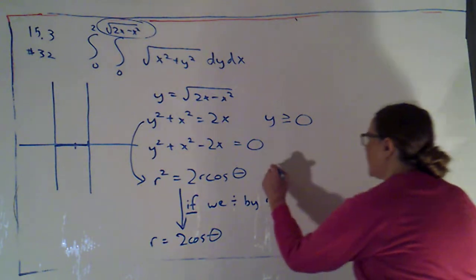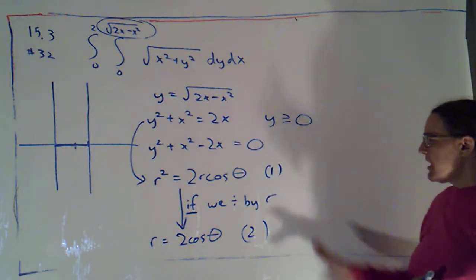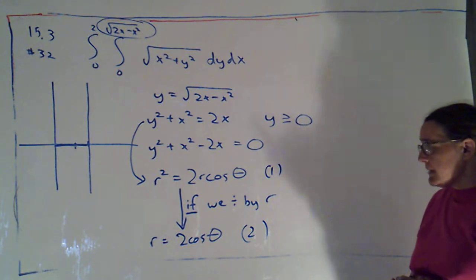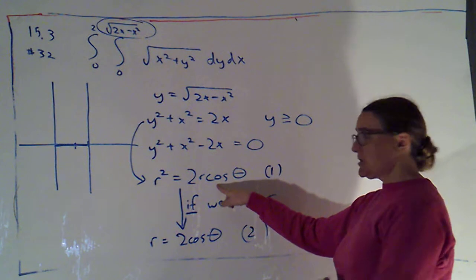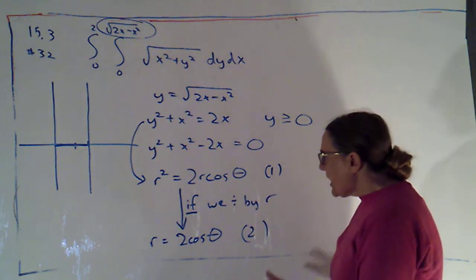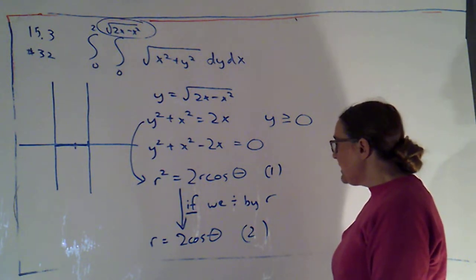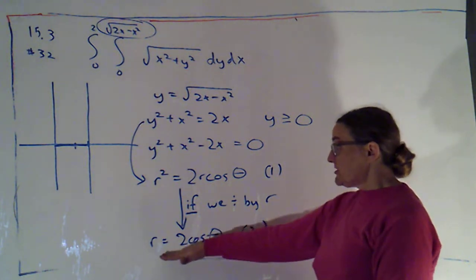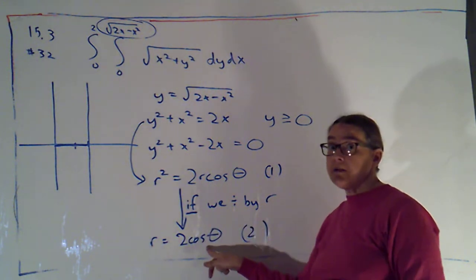But now, I'm going to just call this equation 1, and I'm going to call this equation 2. They are obviously not the same, because r equals 0 is a solution to this one regardless of what theta is. Okay. But if I were to say, let's let r be 0 and theta be 0, that's not a solution, because then this becomes 0 equals 2, which we know to be false.